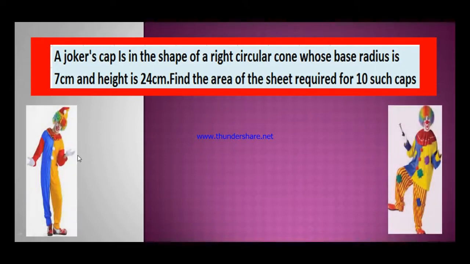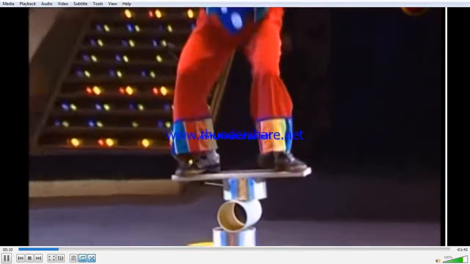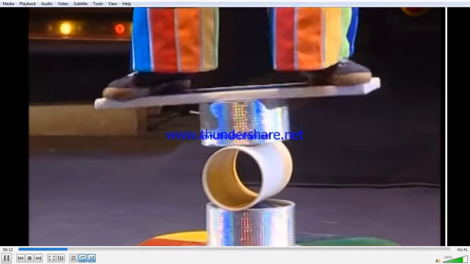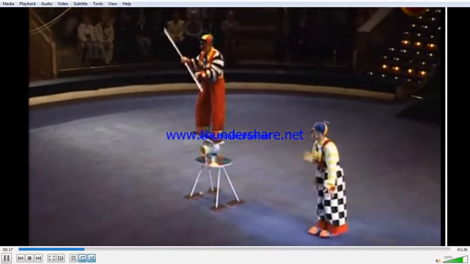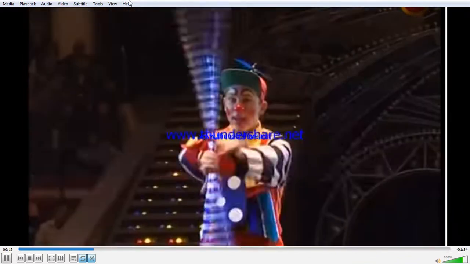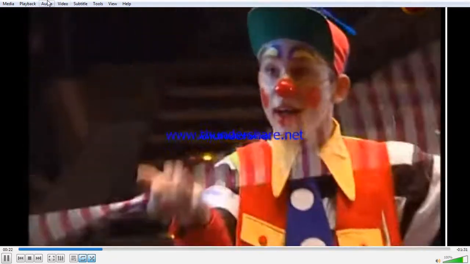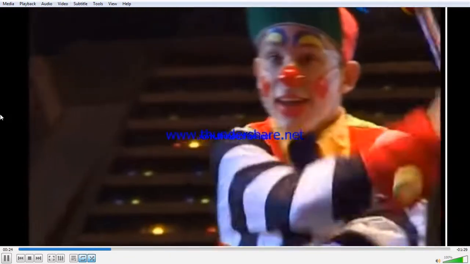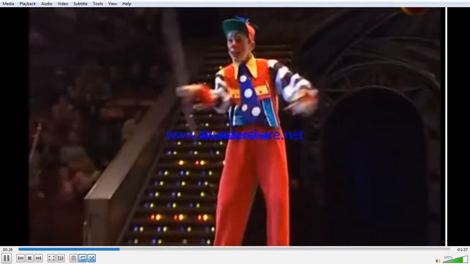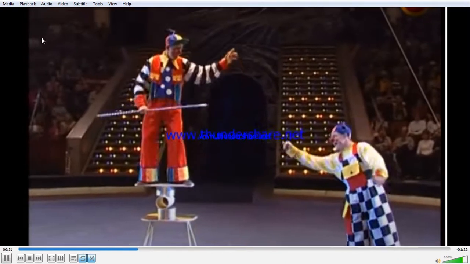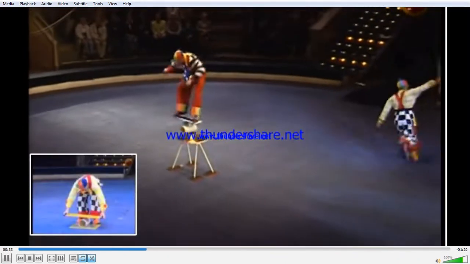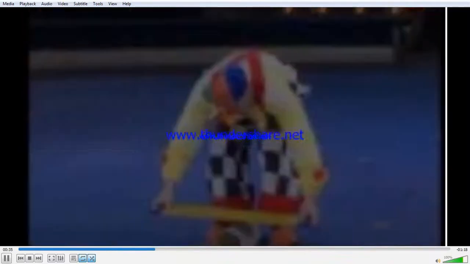Here, these two persons are called jokers, and you can observe them in a circus. They used to make fun, and they make so many funny things, and they wear some type of dress having a conical shaped cap.